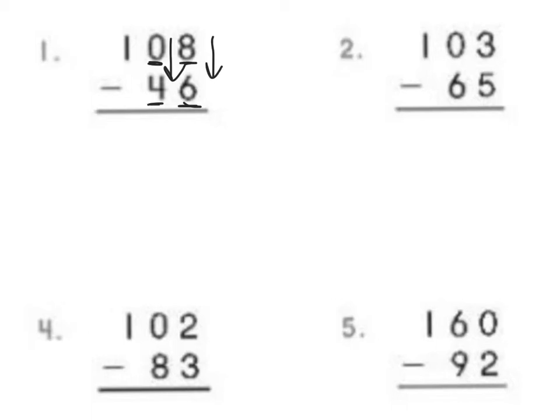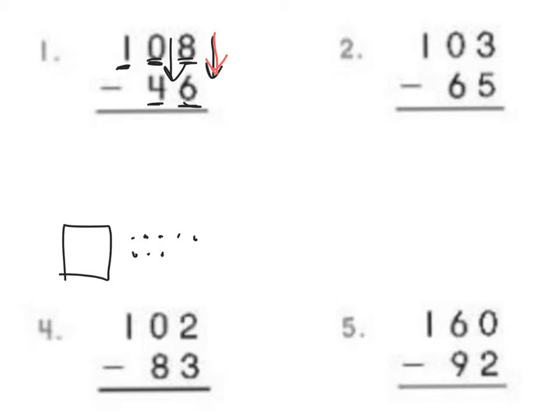I'm going to start by subtracting my ones to get those out of the way. So 8 ones minus 6 is what I'm doing. So I'm going to take a look at what my drawing would look like for this. My drawing would have 100 to start with, and 0 tens, and 8 ones. 1, 2, 3, 4, 5, 6, 7, 8 ones.